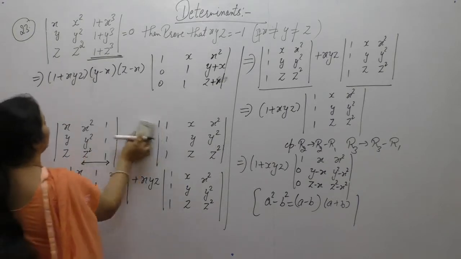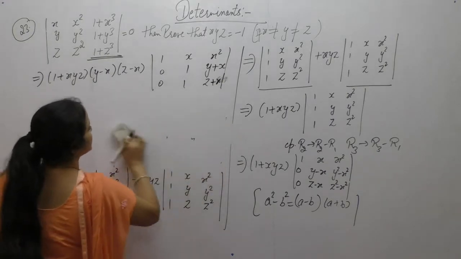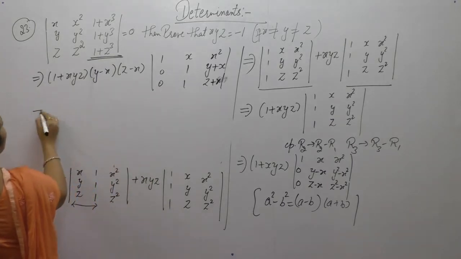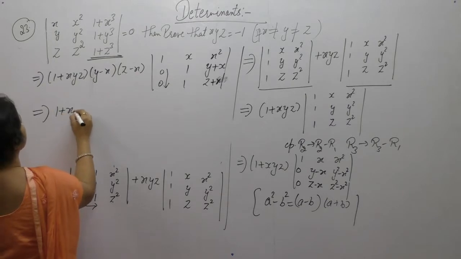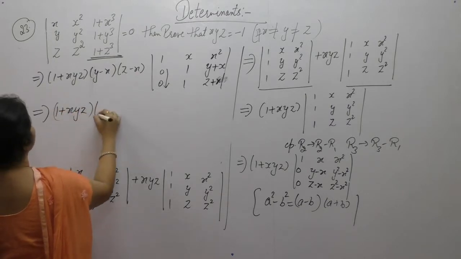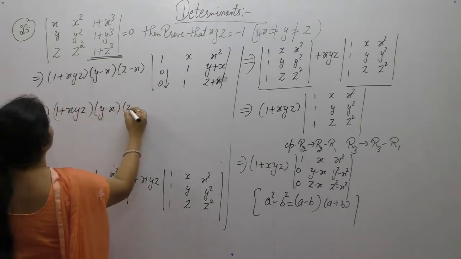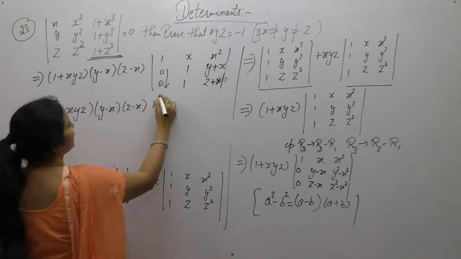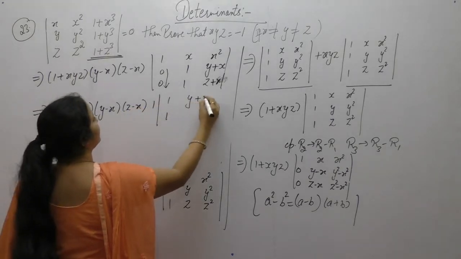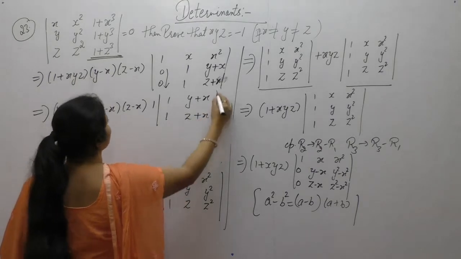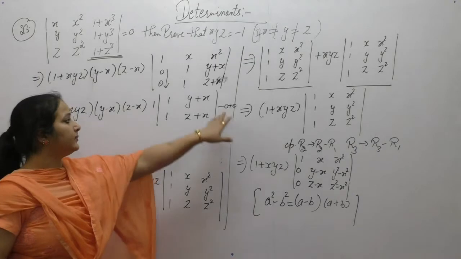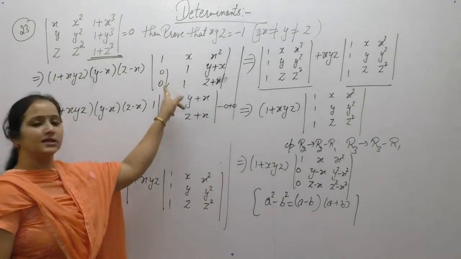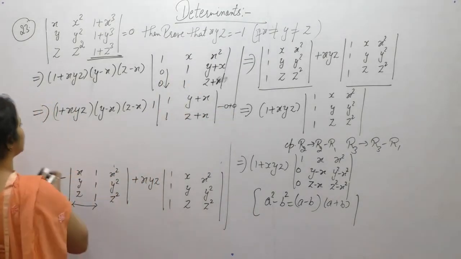Now expand the determinant by using the first row or first column. In the first column we have 2 zeros, so expand along the first column. 1 plus xyz, y minus x, z minus x, times 1 into the determinant 1, 1, y plus x, z plus x. We have expanded it along the first column. The next two terms will be 0, since 0 into something is 0.